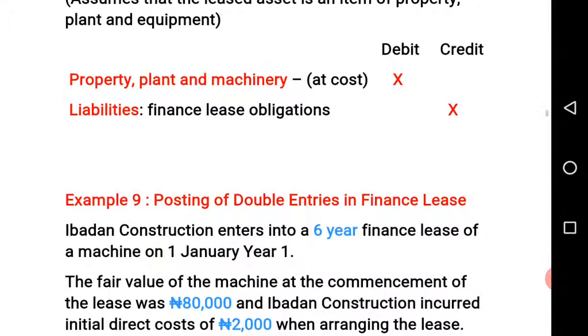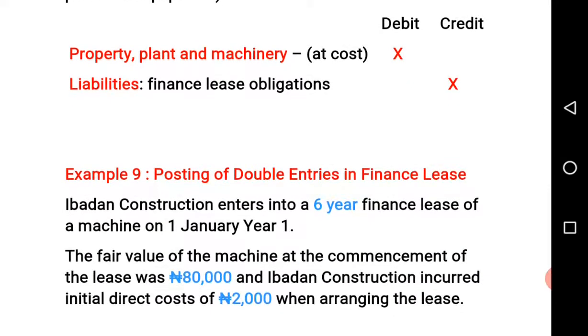So example 9, we'll have an example here, posting of double entries in finance lease. It says Ibadan Construction enters into a 6-year finance lease of a machine on 1st January year 1. The fair value of the machine at the commencement of the lease was 80,000 naira, and Ibadan Construction incurred initial direct cost of 2,000 naira while arranging the lease.